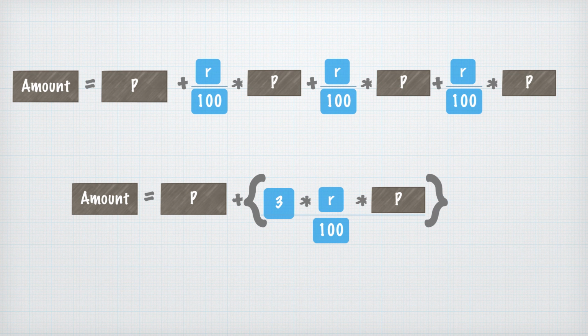Now, just the way we replaced 10 by R, we want to come to a general formula. So instead of 3, which is the number of time periods, can I call it N for number of time periods? In some books, this is also called T. So don't get confused, it's just a name for something, right? So number of time periods into R by 100 into P is your interest. Added to the principal, you get the amount.